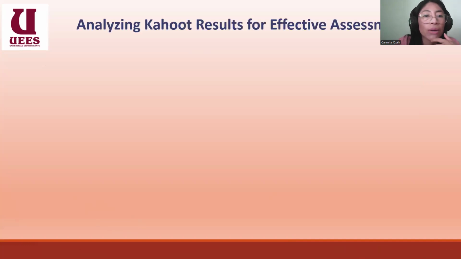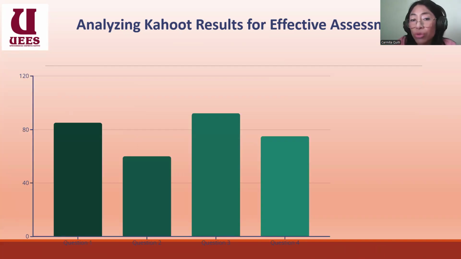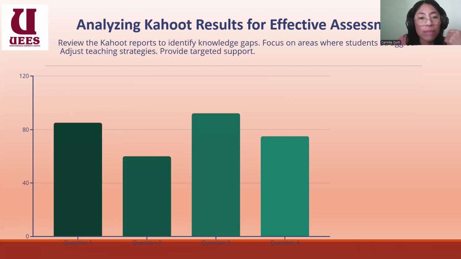So let's talk about how Kahoot gives results for effective assessments. Kahoot is a very good tool at the time of assessing. It helps you in many aspects. For example, you can review the reports to identify knowledge gaps.